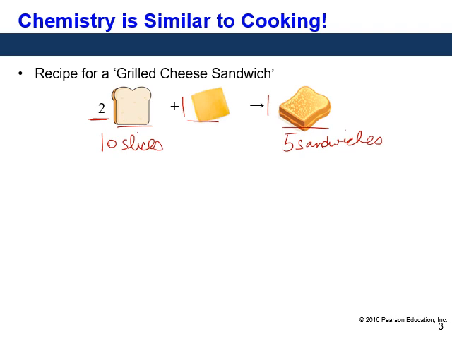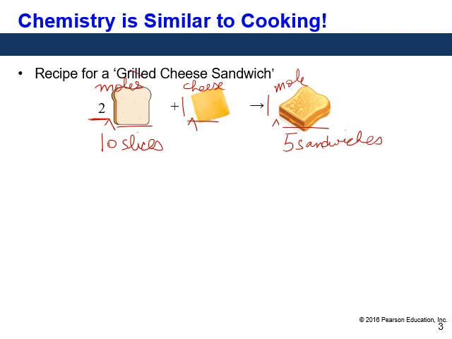What you see in front is how many of each of these materials you need, and that is basically the moles of that reactant. So if I have 2 moles of the bread slices, I'll get 1 mole of sandwich. Similarly, for every 1 slice of cheese, I'll get 1 mole of sandwich.